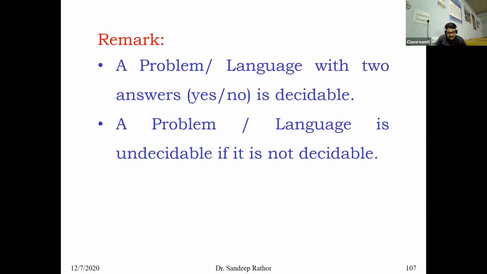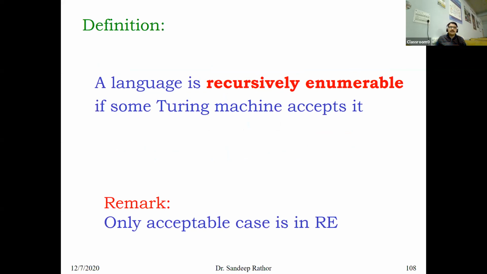In other words, if we have a procedure or algorithm to find the answer of any problem in the form of yes or no, then such problems are called decidable problems, right? And if a problem or language is undecidable, that means it is not decidable. So this is the definition for decidable, undecidable, solvable, and unsolvable problems.